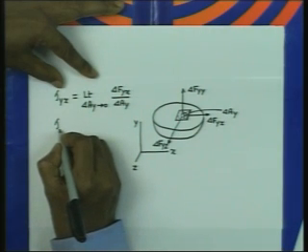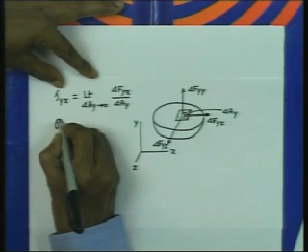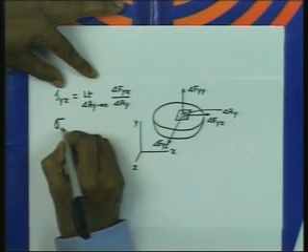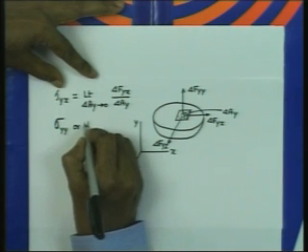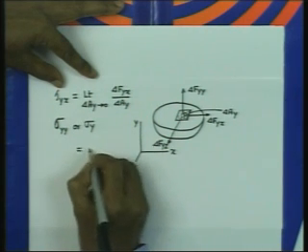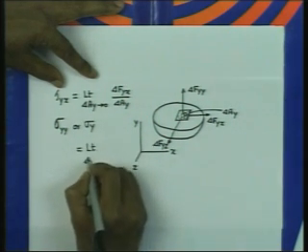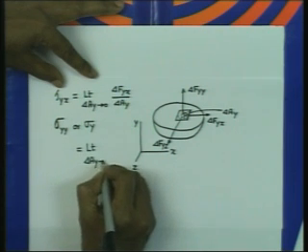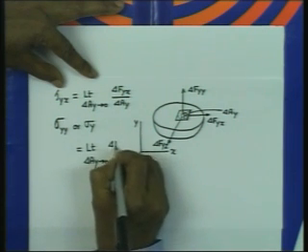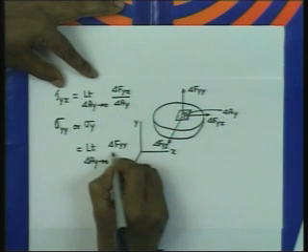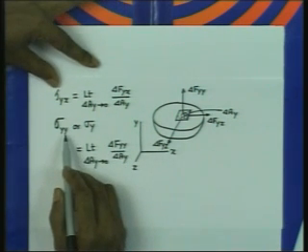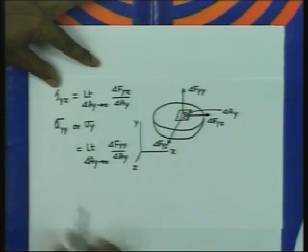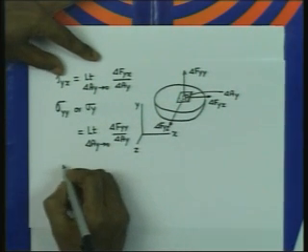Similarly, if we consider the limit as delta a y tends to 0 of delta f yy by delta a y, that gives us the stress in the y direction, sigma yy or sigma y.